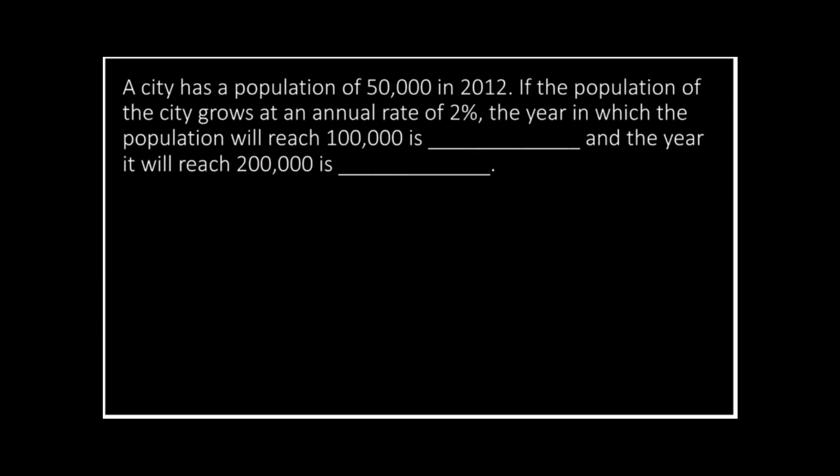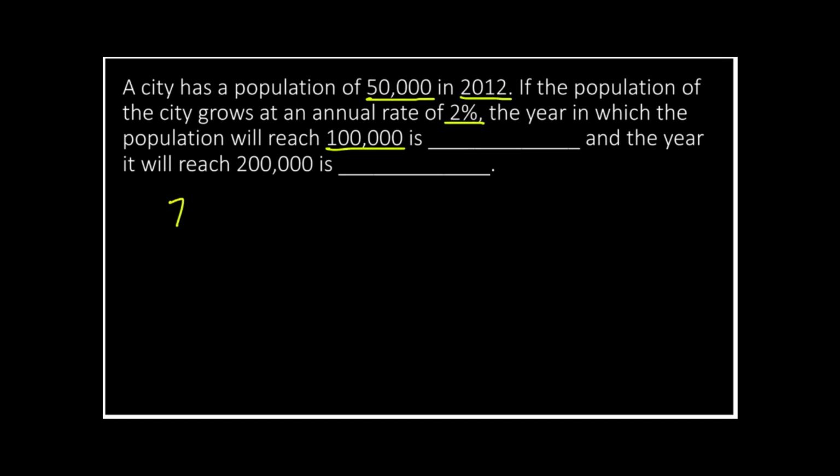So let's do a doubling time problem. This city has a population of 50,000 in 2012. If the population grows at an annual rate of 2%, the year in which the population will reach 100,000 is what? So that's the doubling time, right? Because double of 50,000 is 100,000.